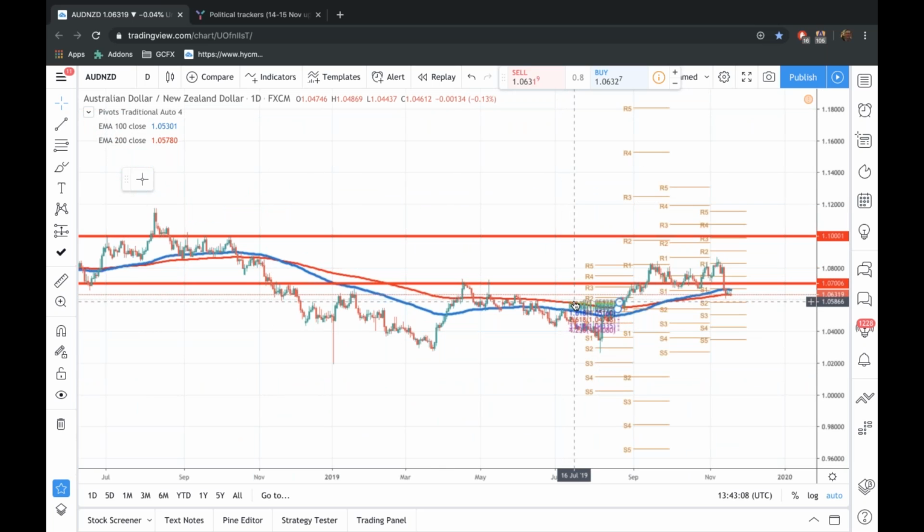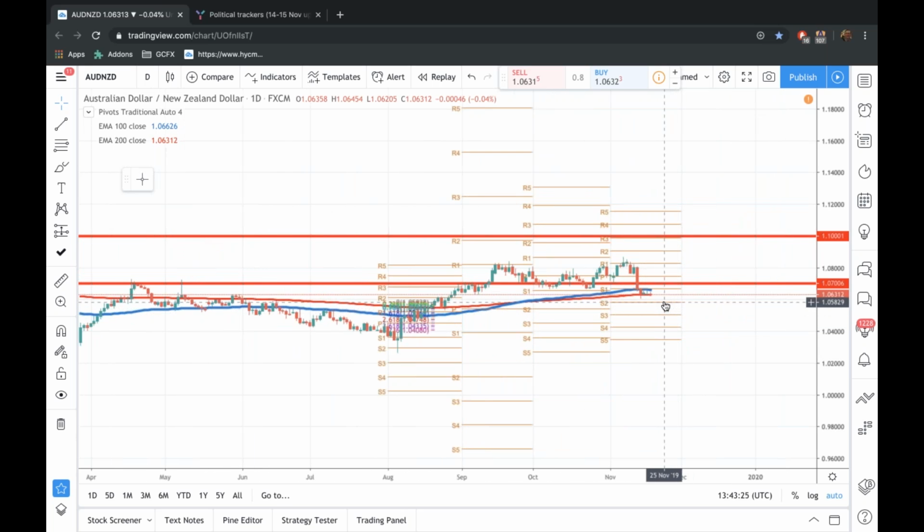Other targets you'd have are 1.0586 and then 1.0500. So you've got some key support pivot points down before you get to 1.0400, and you've probably got just 1.0434. So there's some of the key levels you've got on the downside: 590, 515, and 437.